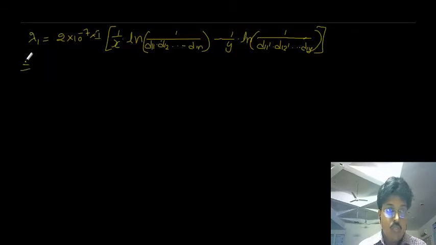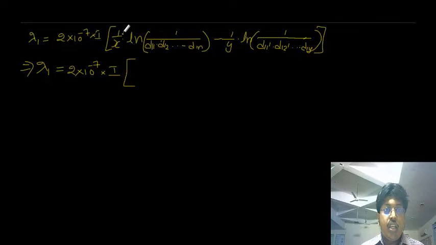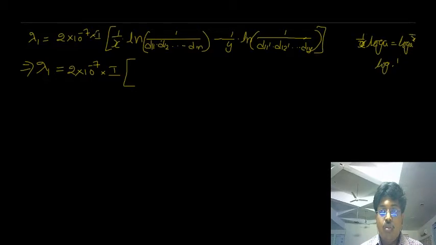Now we can simplify this value as lambda 1 equals 2 into 10 power minus 7 into I into 1 by x. x log a can be written as logarithm of a power x. Here the 1 by x term is there, so logarithm of 1 by x can be written as logarithm of 1 root a.